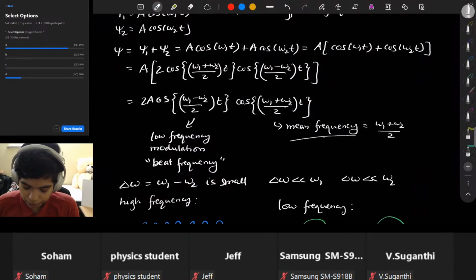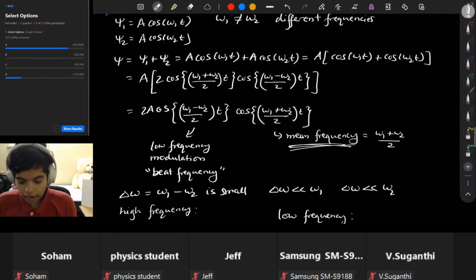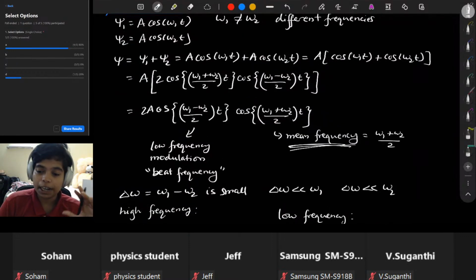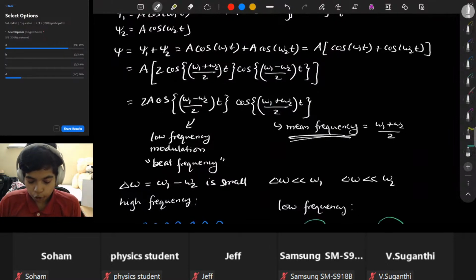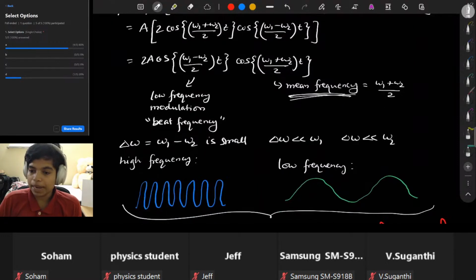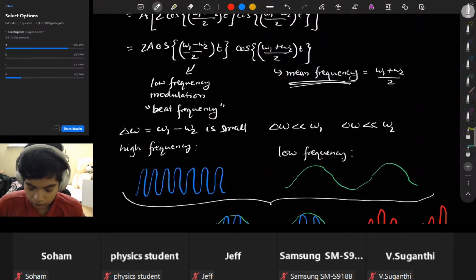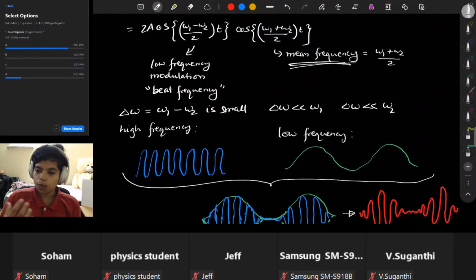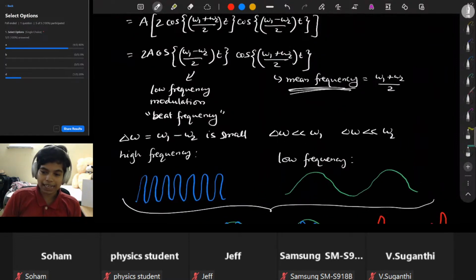One was the mean frequency, omega 1 plus omega 2 by 2. The other was based on the difference of the two frequencies, which was the low frequency modulation of this high frequency mean frequency wave. And this low frequency modulation was what we called beat frequency. Beats one could hear whenever this difference is very small.